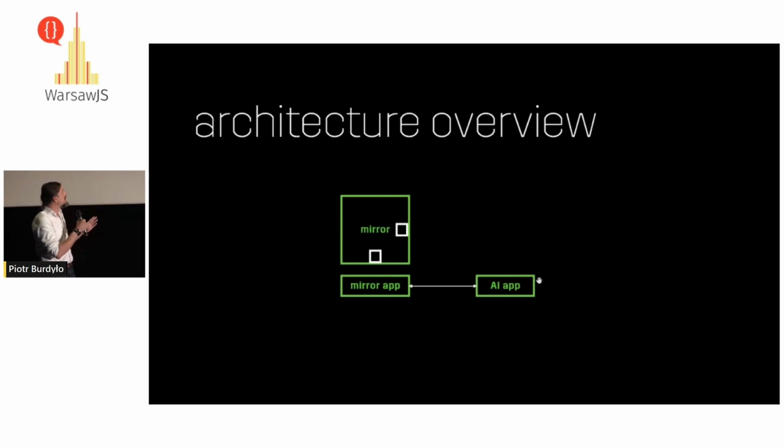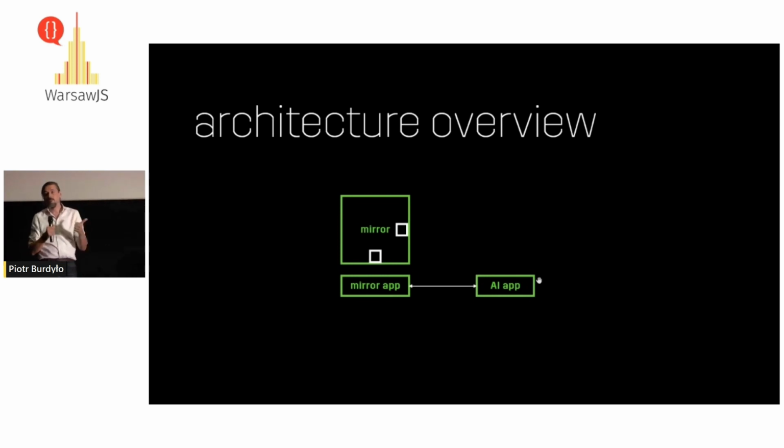I will get back to that in a second. And then the AI app sends back the response, which is the ID of an insurgent that we want to present the image of.